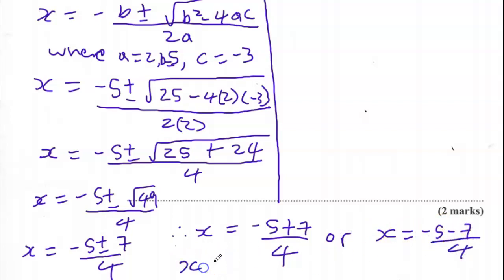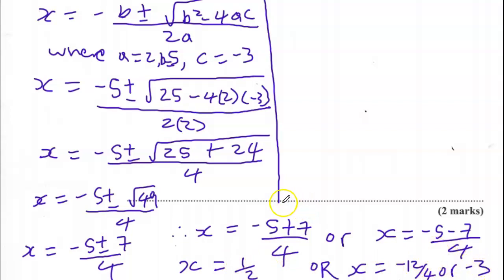Minus 5 plus 7 is 2, so 2 over 4, or a half, if you want to simplify that fraction. Or the other value, minus 5 minus 7 is negative 12 over 4, and negative 12 divided by 4 is negative 3. So our solutions are x equal to a half or x equal to negative 3.